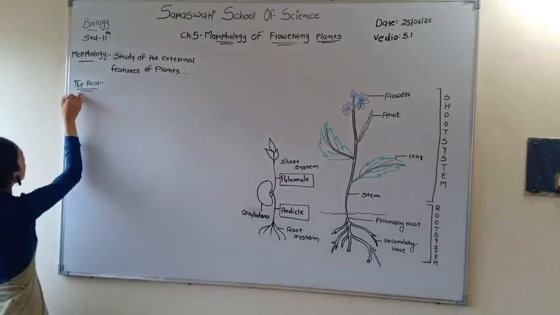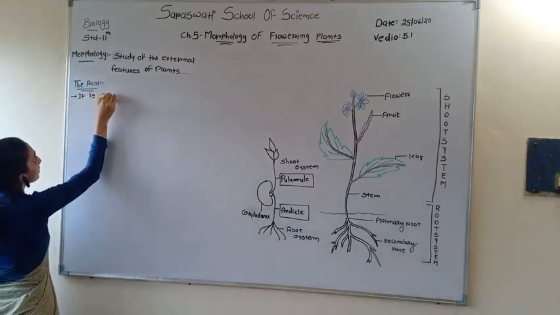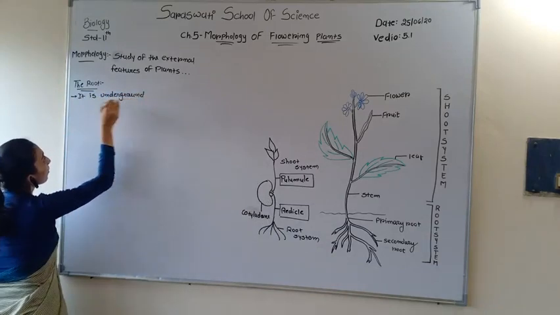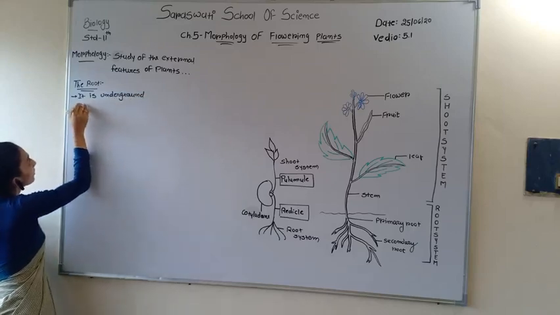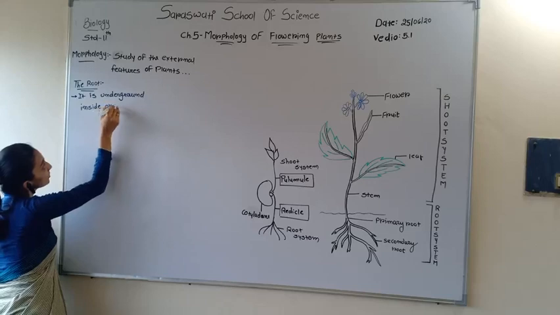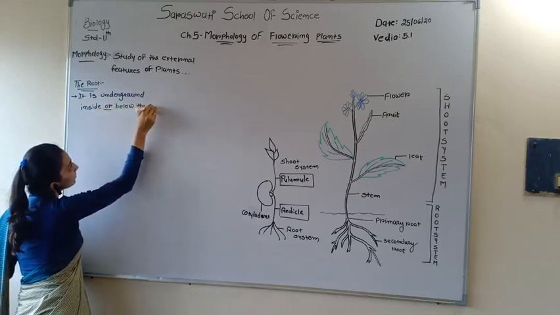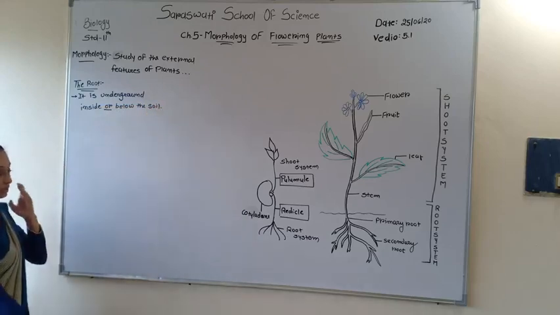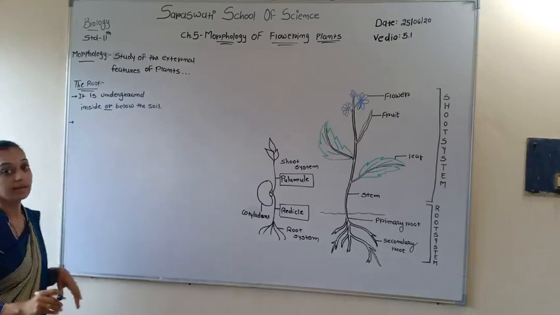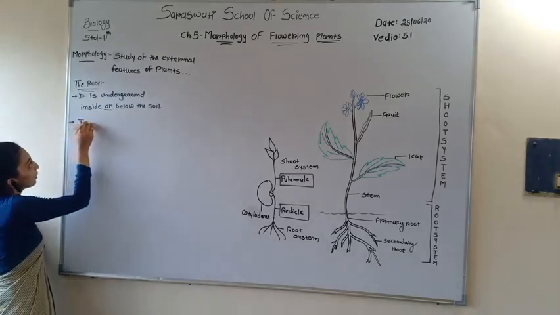It is underground, inside or below the soil. Now the root is divided into two types. We will see the two types of roots.